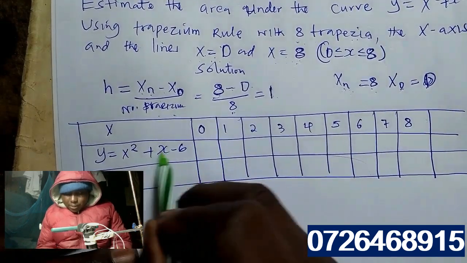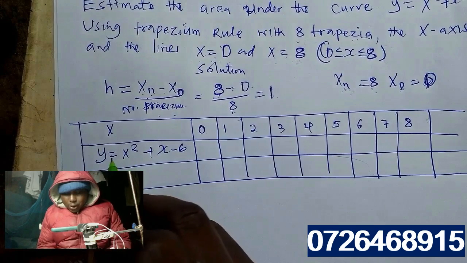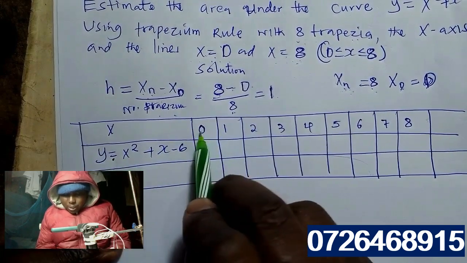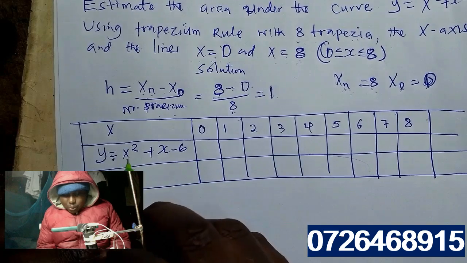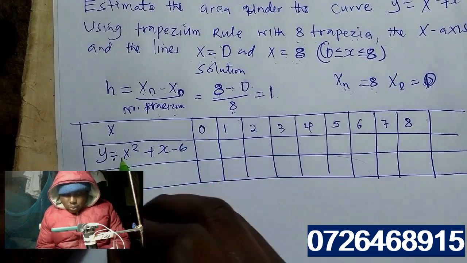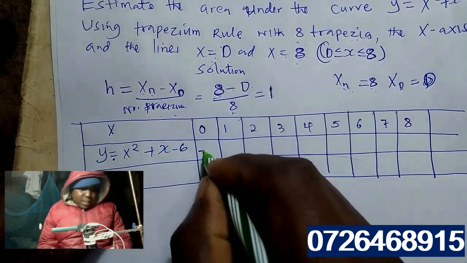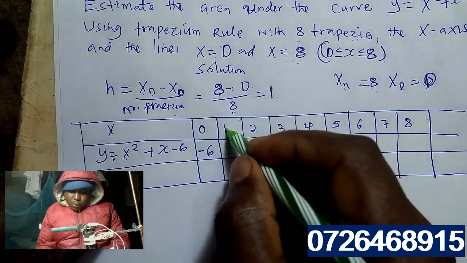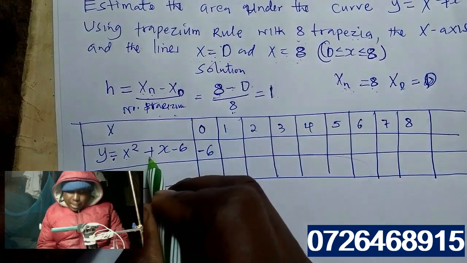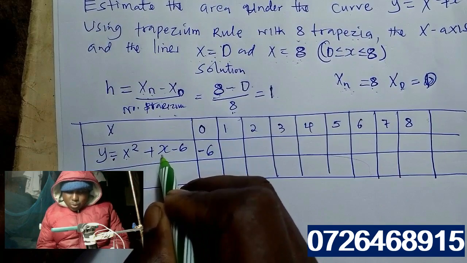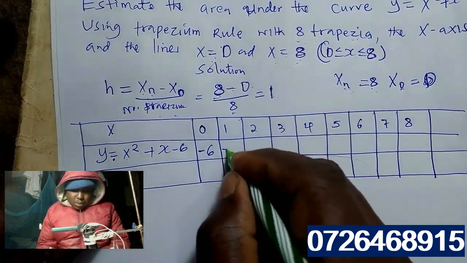Now we need to get the value of y. How do you get the value of y? You substitute. You take these x numbers and substitute where you see x in y. So like here we put 0, so the answer is going to be negative 6. You put 1 here, 1 square plus 1, that is 2, minus 6, it is going to be negative 4.